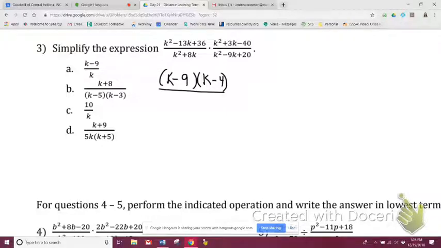I'm not going to take off. So use your asterisks. 2 numbers that multiply to give you 36, add to give you negative 13: negative 4, negative 9. For the denominator, greatest common factor this time, factor out a k, leaves you with k plus 8.